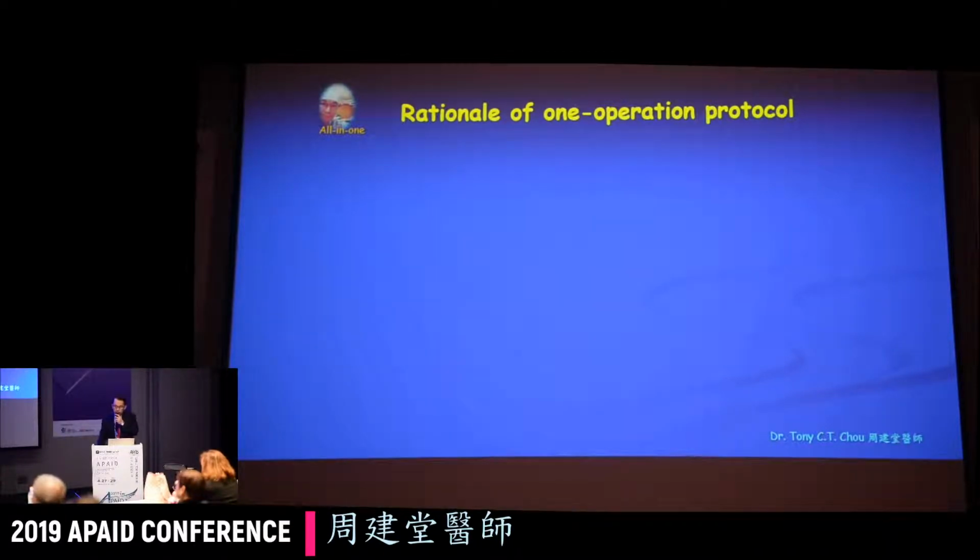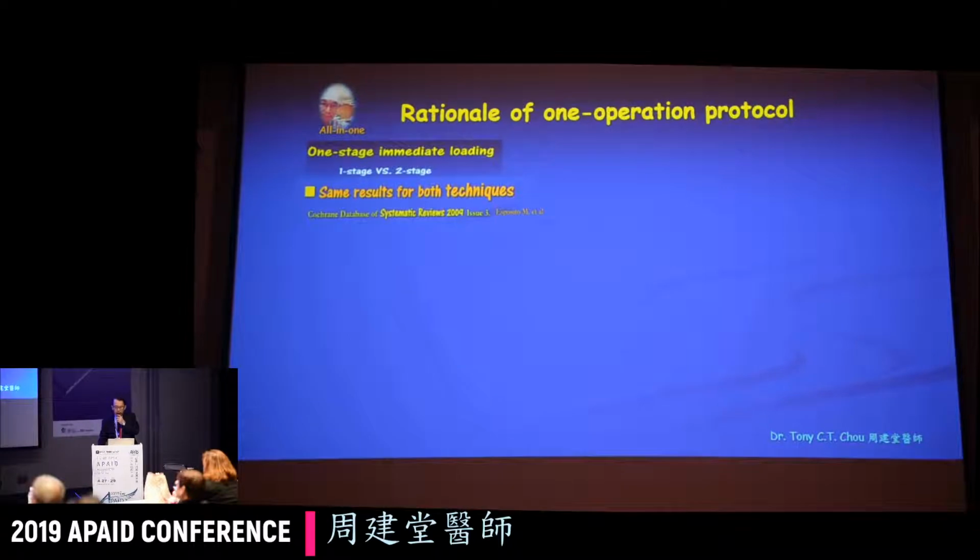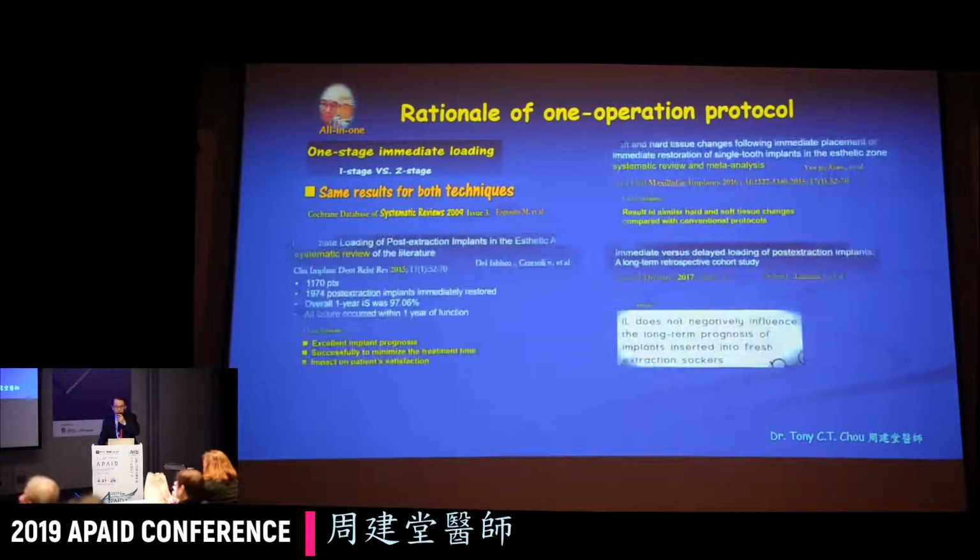And now we're talking about the rationale of the one operation protocol. In recent years, there are several studies. The subjects include the one-stage protocol, immediate loading, immediate implantation, and the soft tissue and hard tissue change between the conventional and the one-stage protocol.